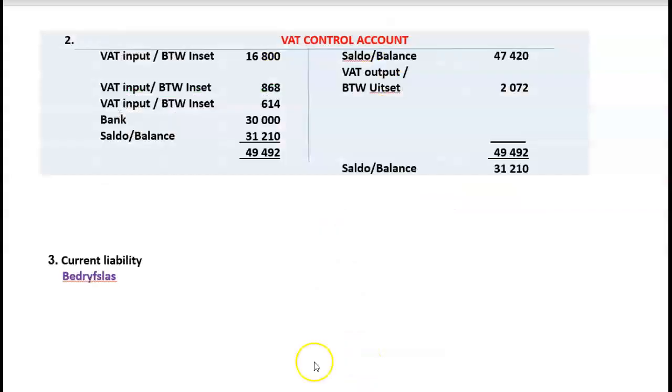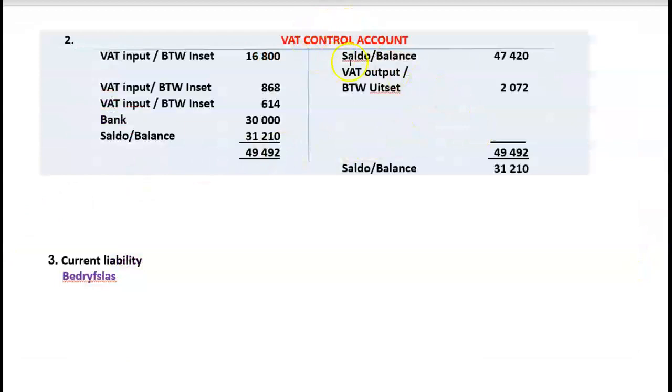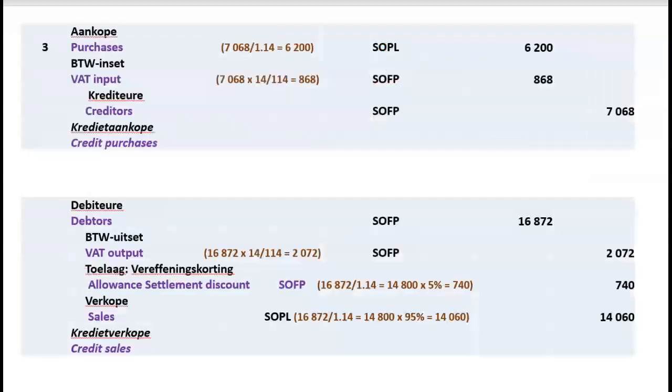Number two, take out the VAT. Invoice value 16,872, posted to our debtors account, statement of financial position. Take out the VAT: 16,872 divided by 1.14 times 14% equals 2,072. So I post it to my VAT control account, VAT output 2,072.